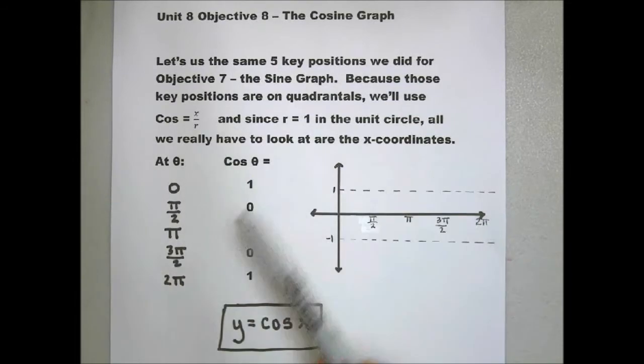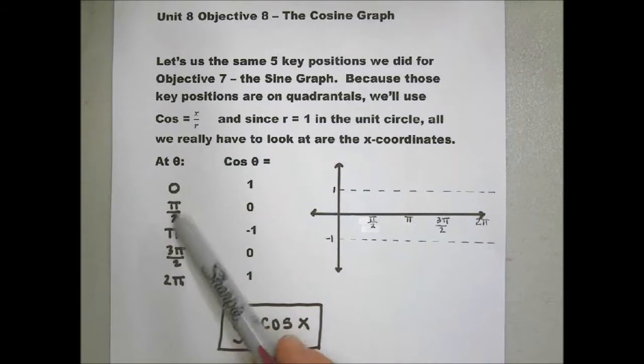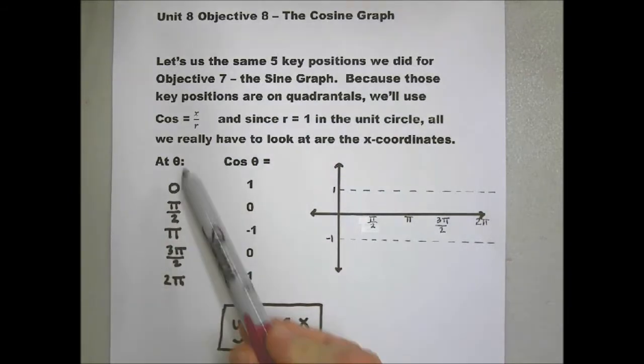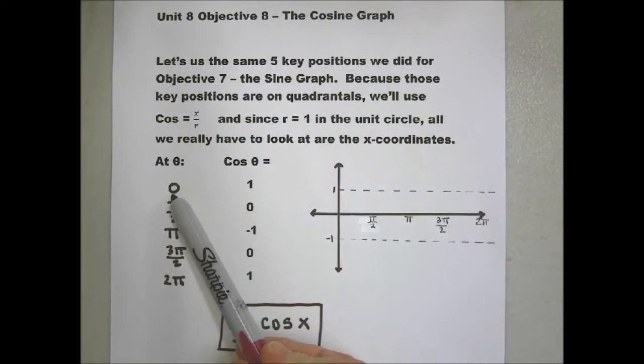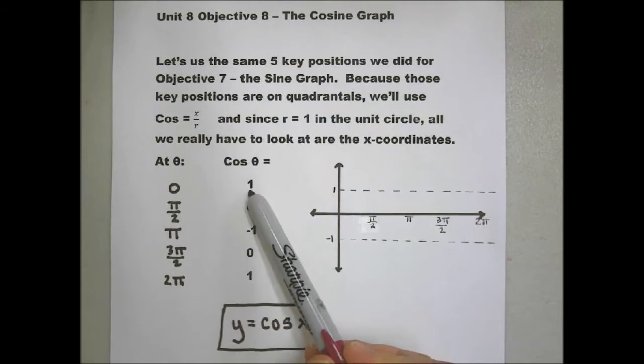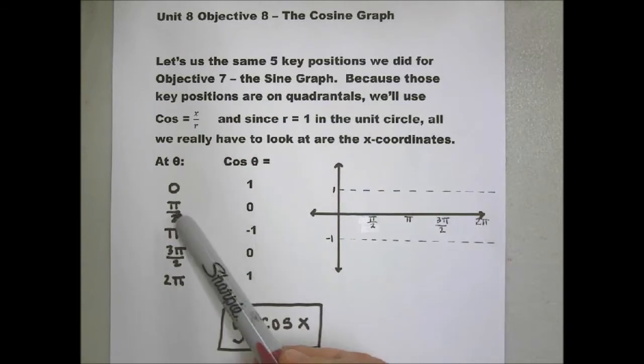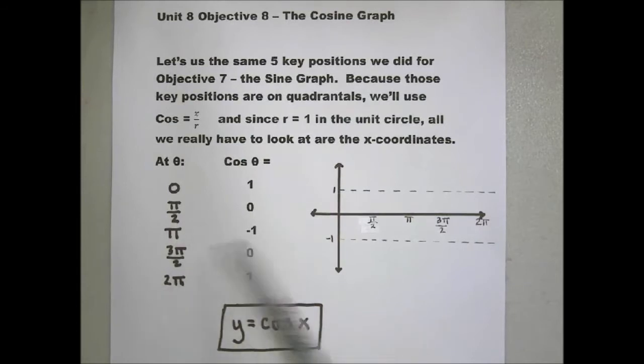So if you go back to your unit circle, you'll see of these 5 positions, when theta equals 0, the x-coordinate is 1. When theta equals pi over 2, up at 90 degrees, it's 0, and so on, and so on, as we go around the circle.